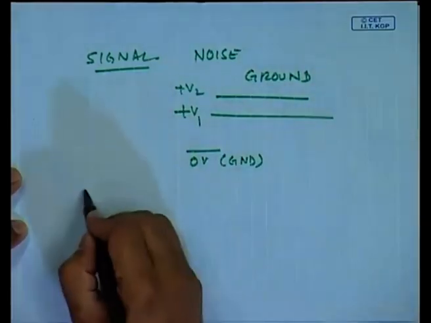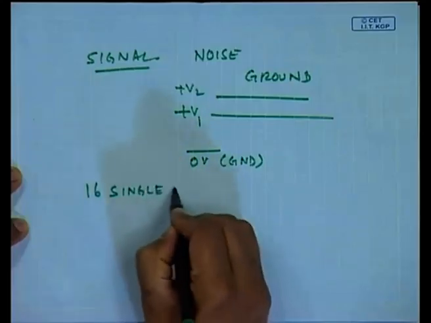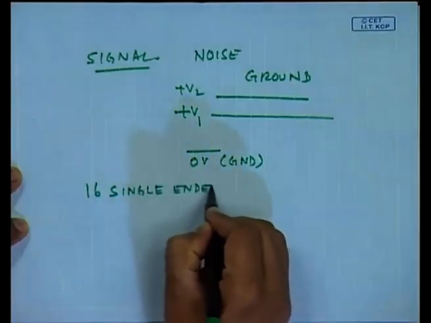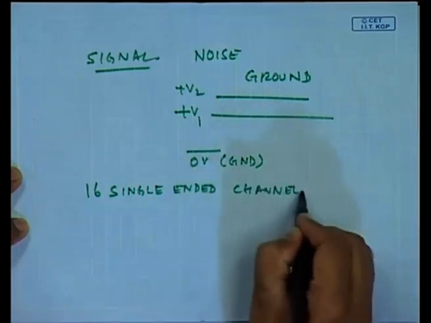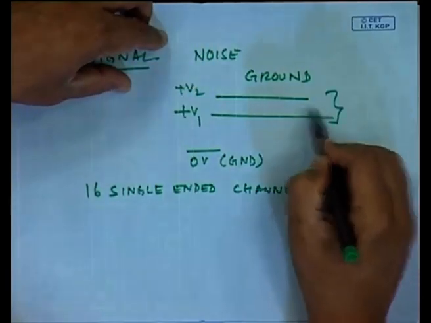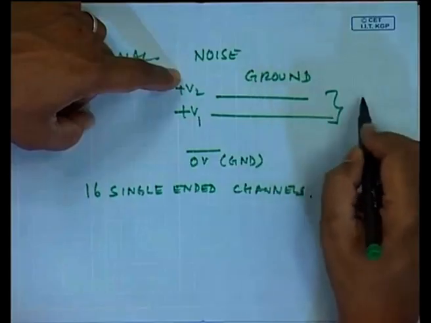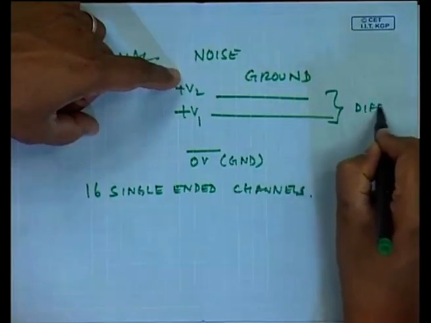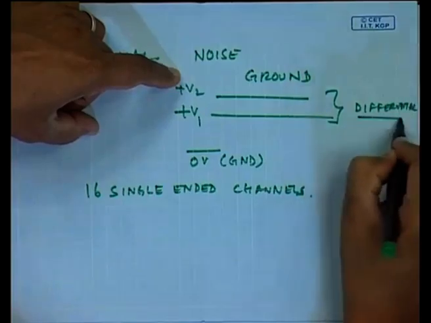Okay. Suppose there are 16 single ended channels as inputs. They will be more noisy than if I took channels wherein I take one as V1, other as V2 and take the difference, and these are known as the differential channels. Then what happens?